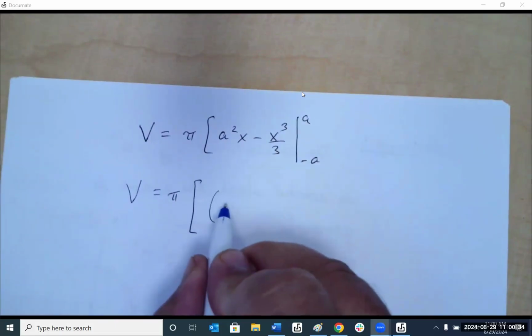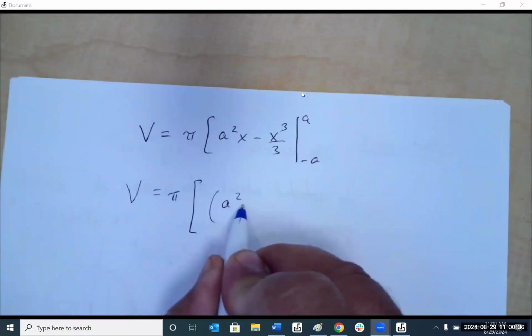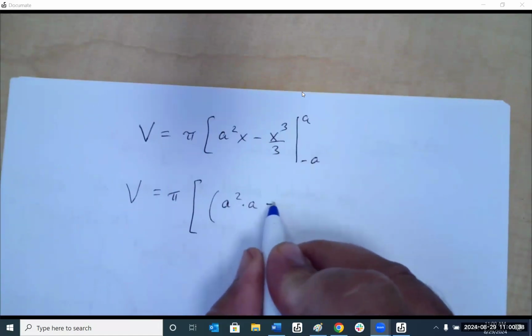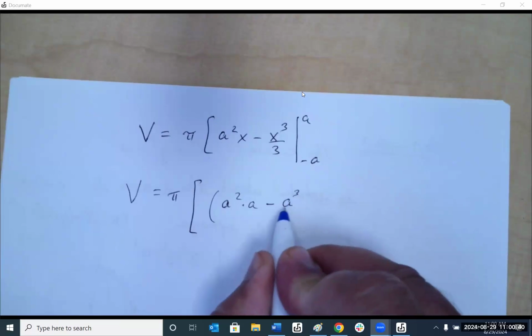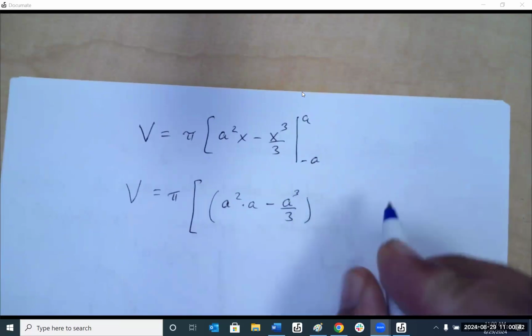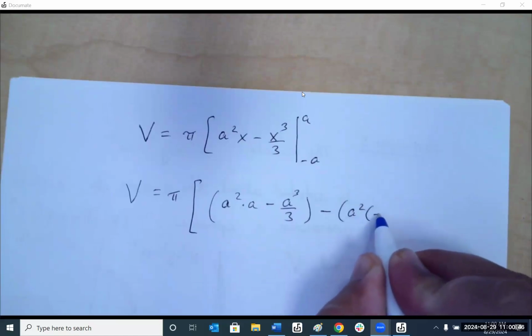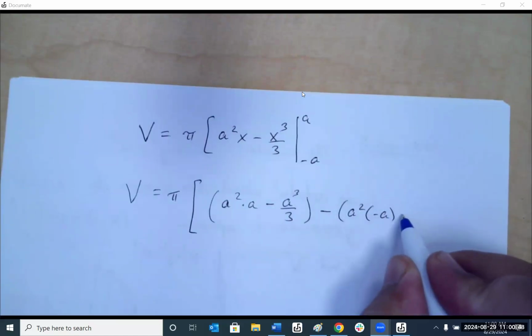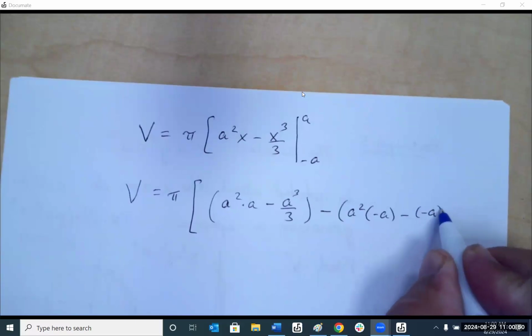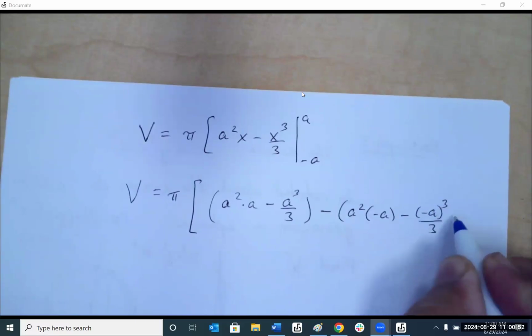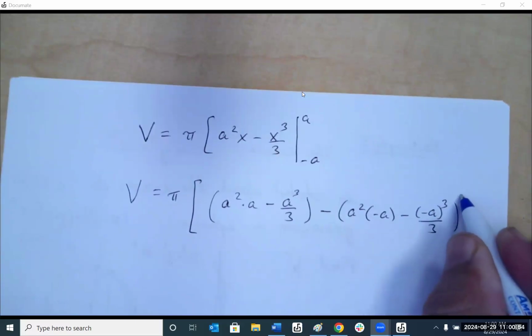So that becomes a squared times a minus a cubed over 3, minus a squared times negative a minus negative a cubed over 3.